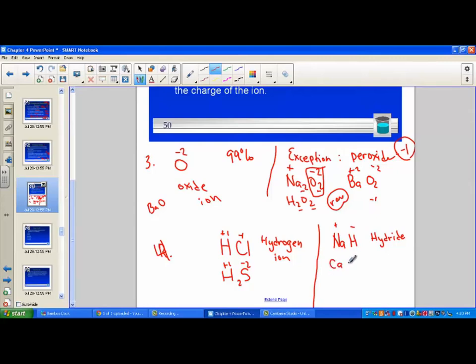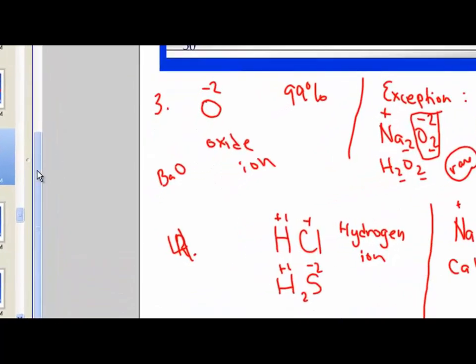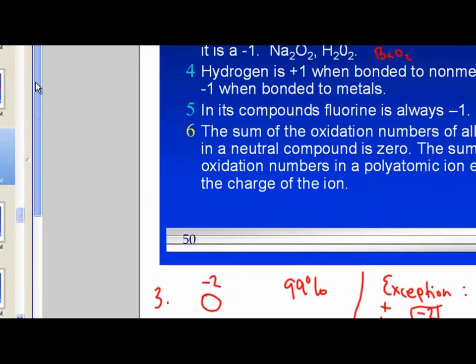How about CaH2, calcium hydride? The charge on hydrogen written in the last position when hooked to a metal is -1. Hydrogen in the first position hooked to a nonmetal carries a +1 charge. Rule 4 is reminding us that hydrogen can be a +1 or a -1, simply depending on the substance it's hooked to.